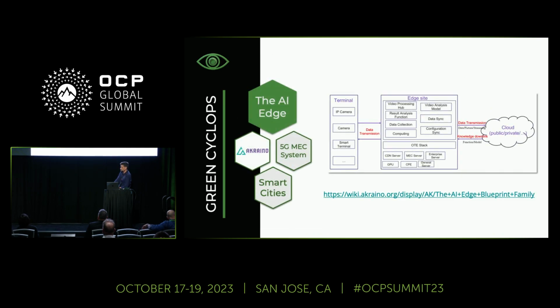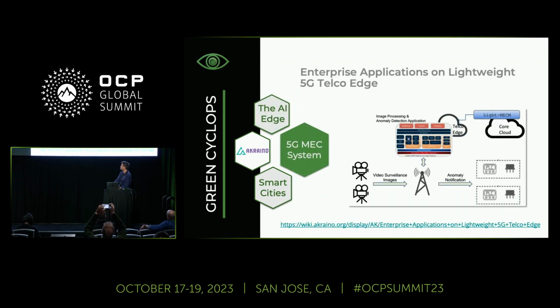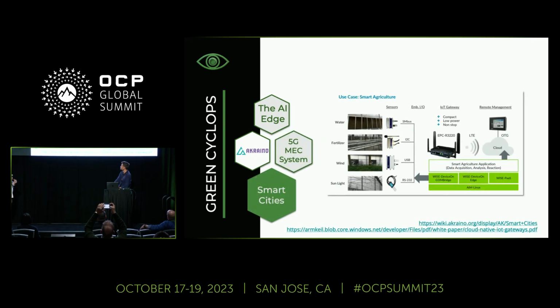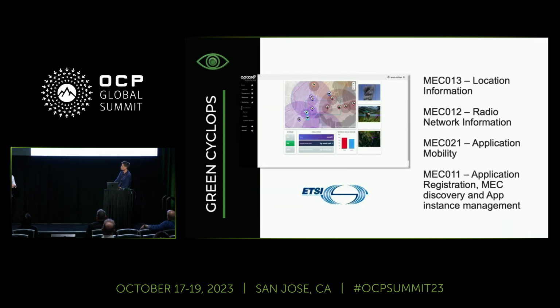We are using, or reusing, all the work from the Akraino project in three themes: the AI Edge, the 5G MEC system, and the smart cities. From one of them, we are taking information related to the use of edge for surveillance and security scenarios.